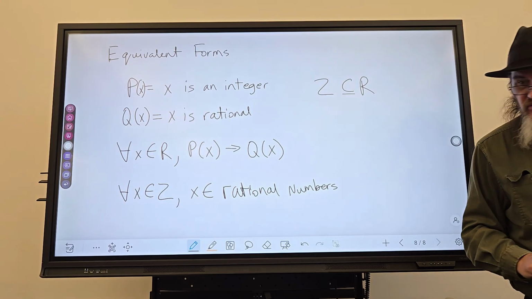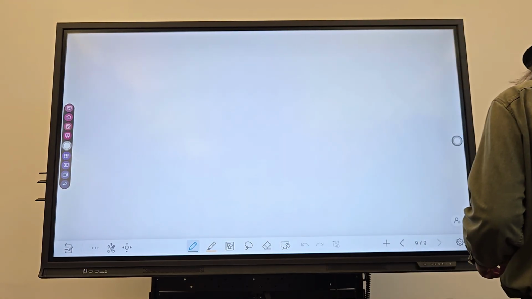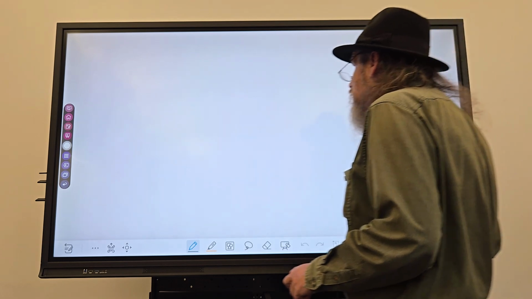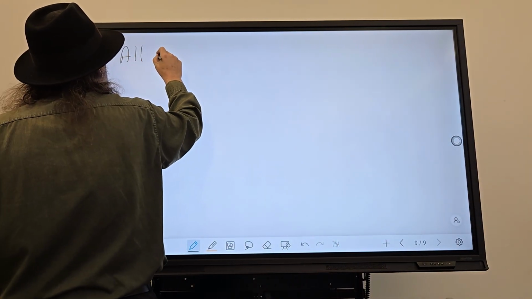Two statements. All squares are rectangles, informally.